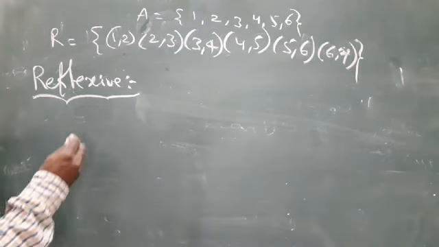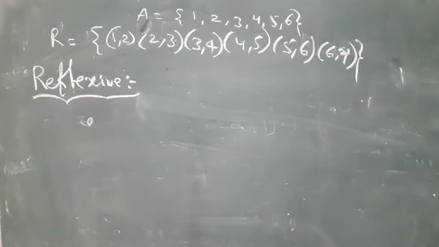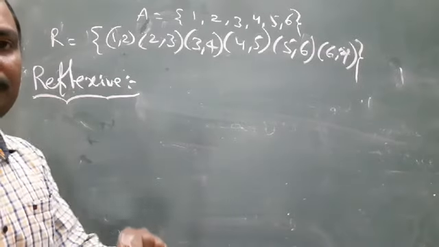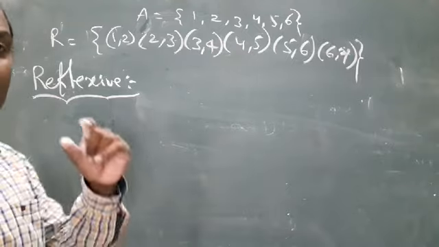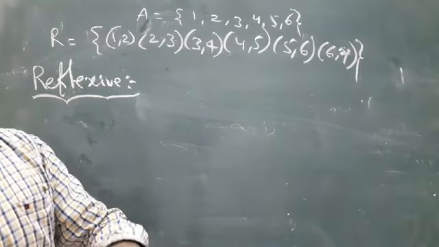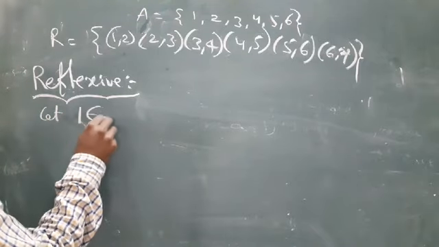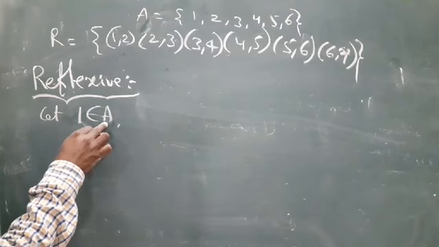The definition: for every element a belonging to A, we have to prove the ordered pair (a, a) belongs to R. For example, 1 belongs to A. What do we have to prove?